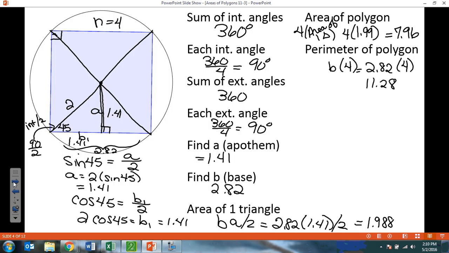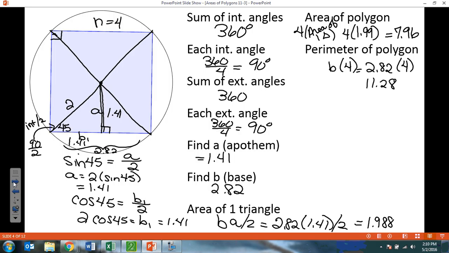Okay. Number 6 has how many sides? 8. So you're going to start out with 8 sides, right? N is 8. So start number 6, and then we'll talk about it together.